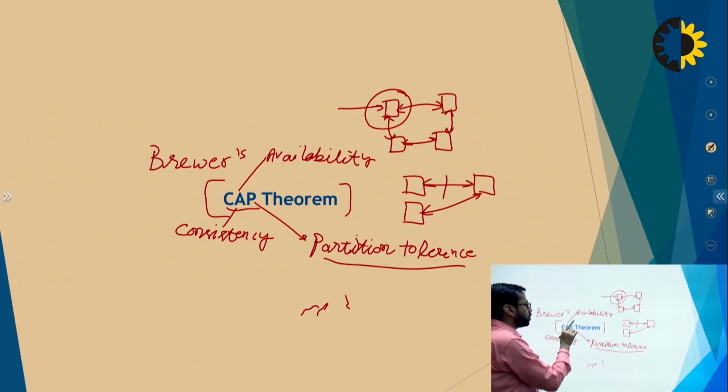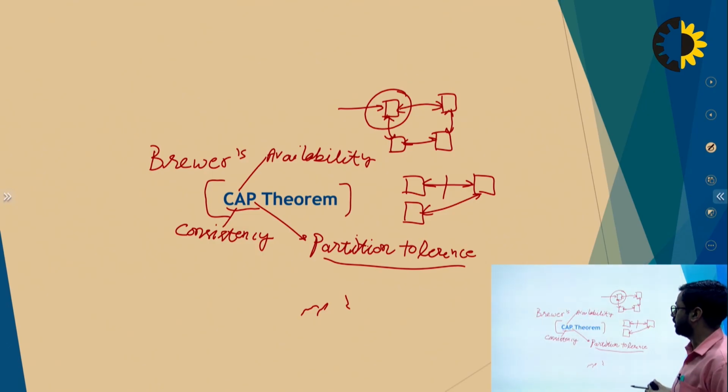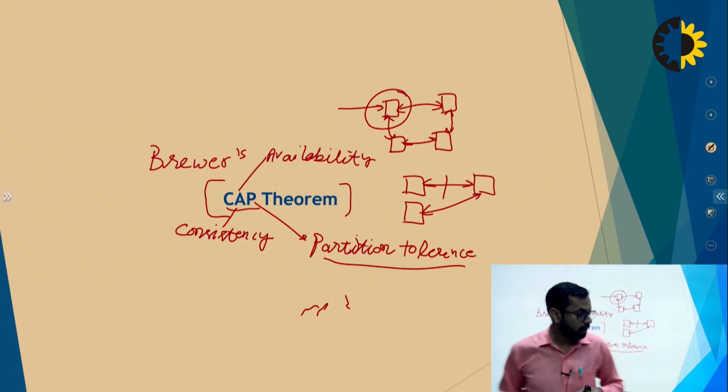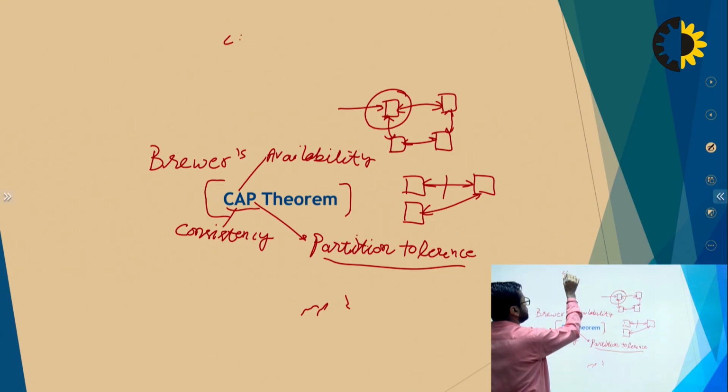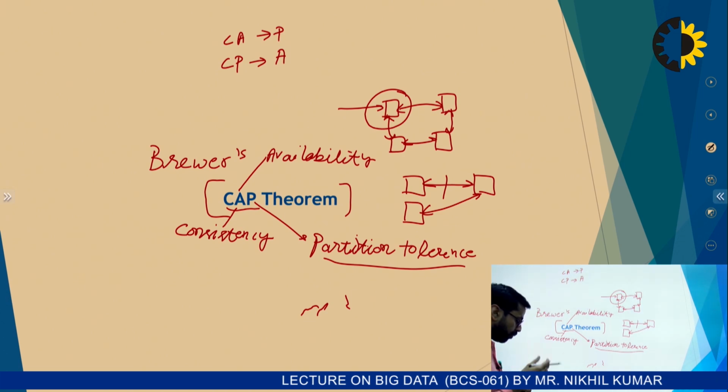The CAP theorem suggests that in the case of big data files, out of these three properties, consistency, availability, and partition tolerance, only two can be satisfied, with the third in a compromised state. Maybe consistency and availability will be satisfied, with partition tolerance compromised. Maybe consistency and partition tolerance will be satisfied, and availability will be compromised.